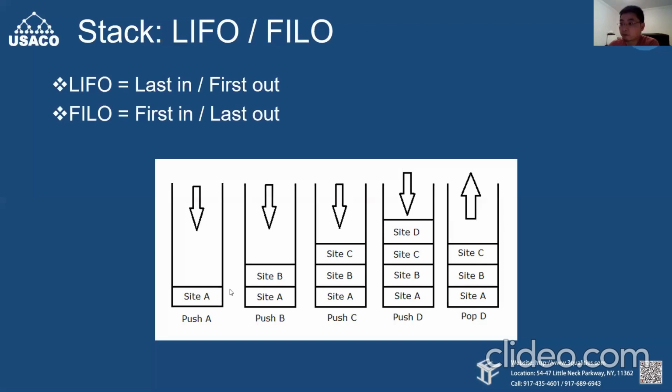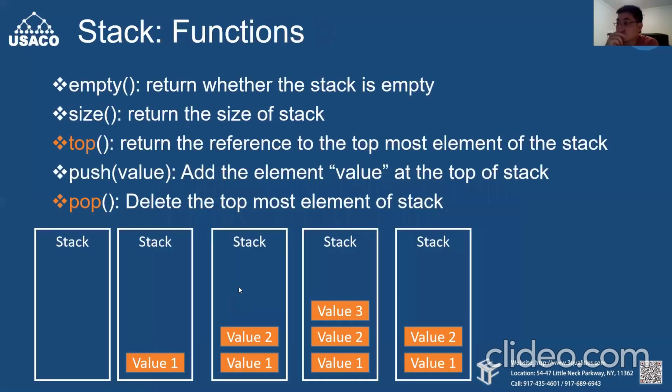So now let's look at here. When we're talking about different data structures like array, like linked list, and now stack, we always have a list of operations or functions associated with that data structure.